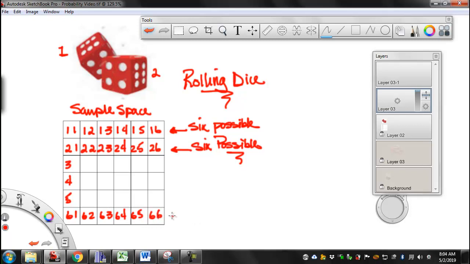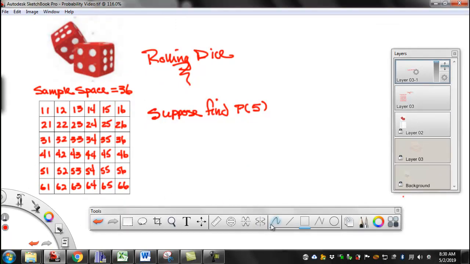So you see a double 6 would give me the 12. So there's always 6 possibilities. If I have 6 sides and 6 sides, the total sample space for a set of dice will be 36. And that's how you figure the sample space for a set of dice.